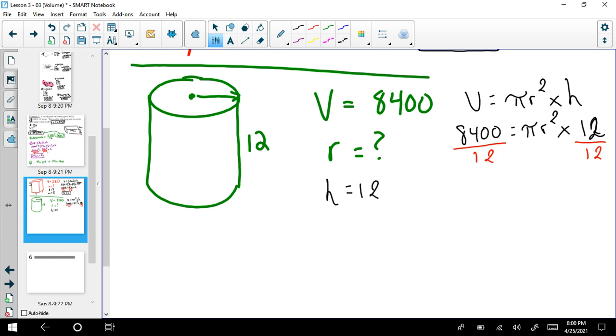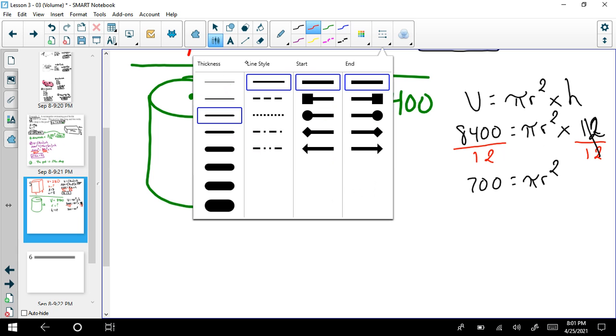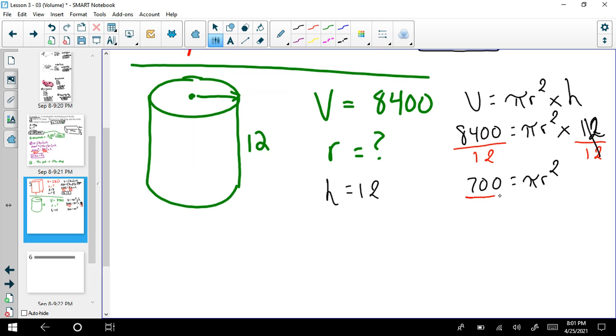So I get 700. I have 700 equals pi r squared, because this cancels out. And then I need to get rid of my pi on this side, so I would divide both sides by pi.